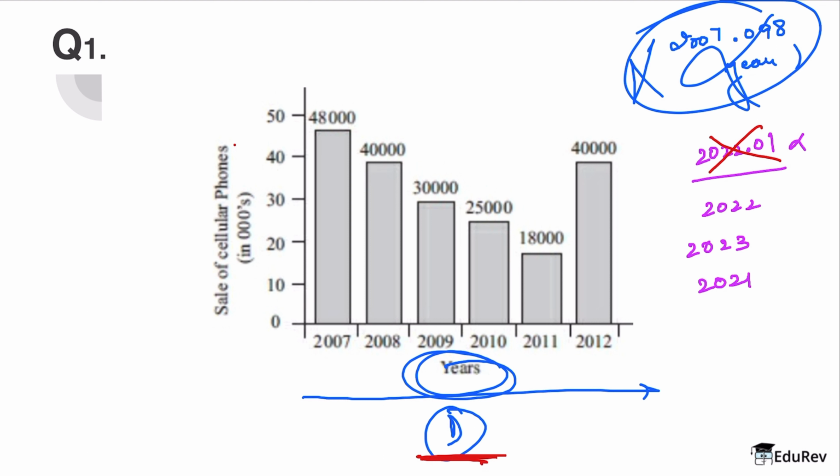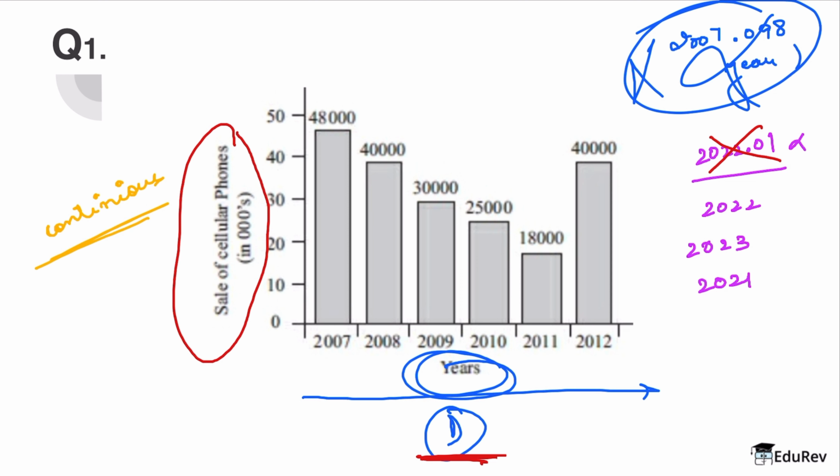Next comes your sales of cellular phones. Now sales of cellular phones is going to be continuous. So in this bar chart they have not explained anything else. They have basically shown your sales of cellular phones in the years which are mentioned. So for example, in 2007 this much sales happened, in 2008 this much sales happened. It is not given here, but it could be 48,000 lakhs or 48,000 crore.